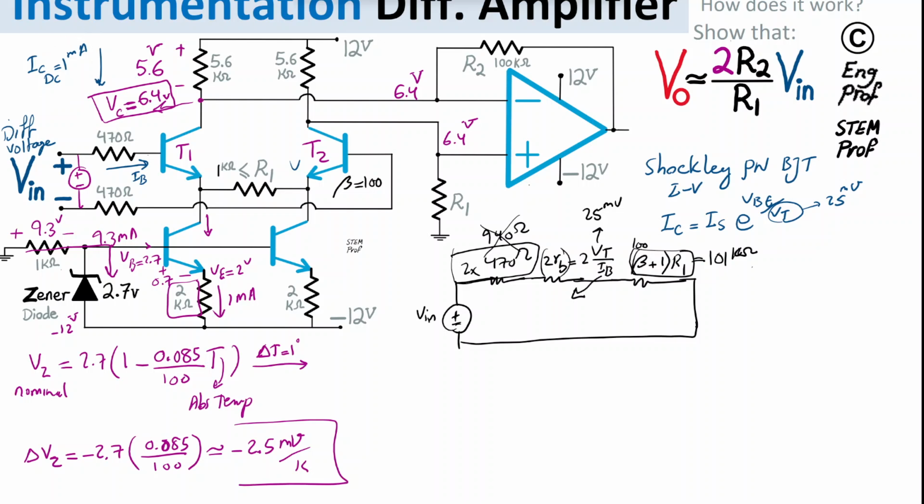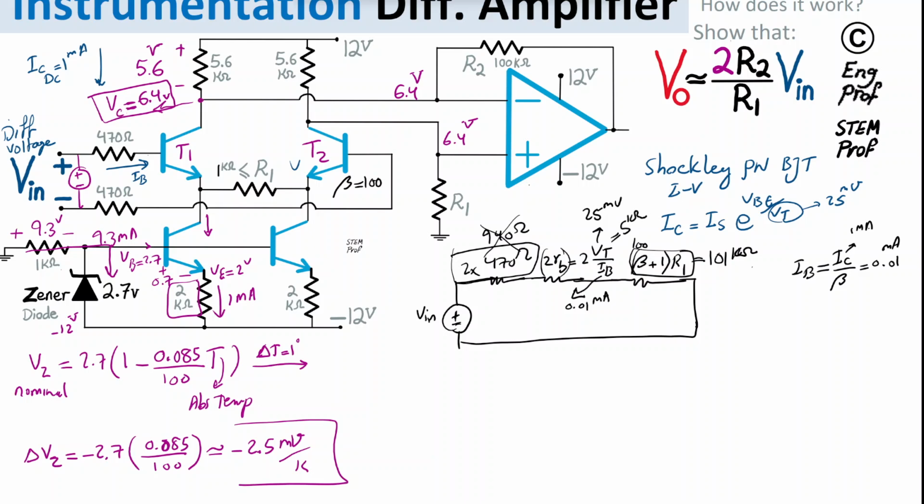The I base of the transistor is I collector divided by beta, and I collector is 1 milliamp, so I base becomes 0.01 milliamp, 1/100th of that. With I base being 0.01 milliamp, or 10 microamp, we get 2.5 kilo ohm times 2. So effectively the resistor we have here is just 5 kilo ohm.